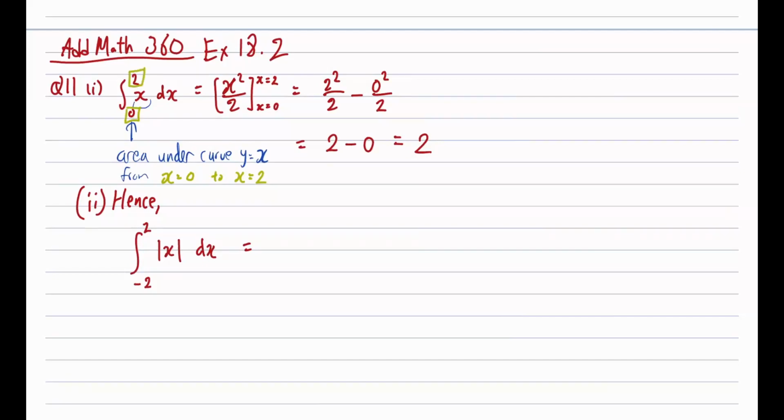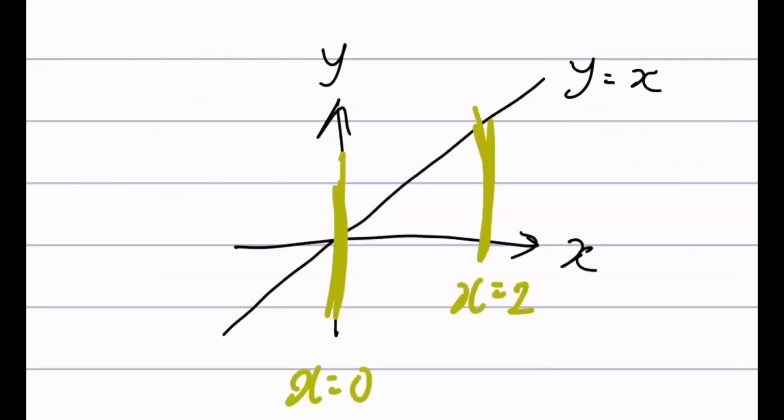So what does it really mean in terms of a graph? It looks something like this. Here is the graph of y equals x. There is x equals 0. There is x equals 2. Then we want to find the area under the curve. If you can imagine you are standing on top over here, then you drop down a bunch of, maybe, pinballs, and you end up with this region here.